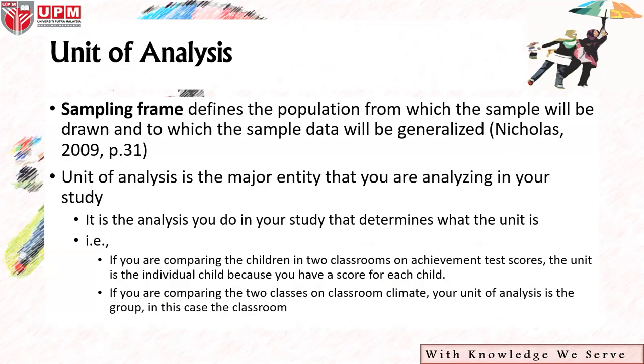So for the sampling frame, you need to identify who are your population and how many are the members within your population. Siapa populasi kita dan bilangan dia berapa. Itu sampling frame. Okay, kerangka persampelan. Siapa kita punya populasi dan berapa.